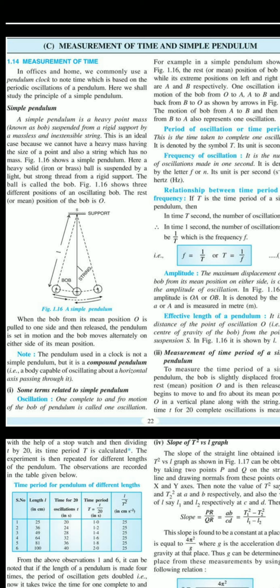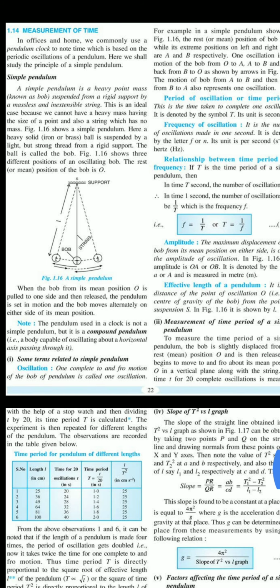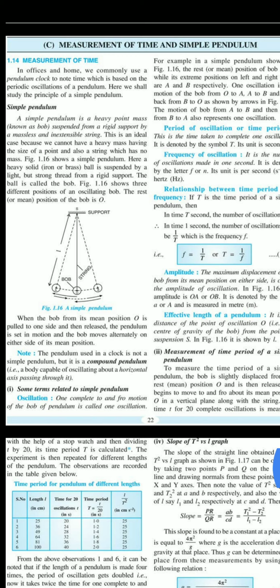The center of gravity is supposed to be at the center, no? So we take a spherical mass and a thin string is taken. So a mass that is called the bob is attached to the string and tied to a rigid support. So this is a simple pendulum.